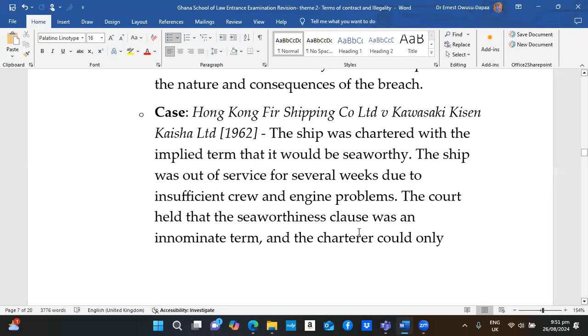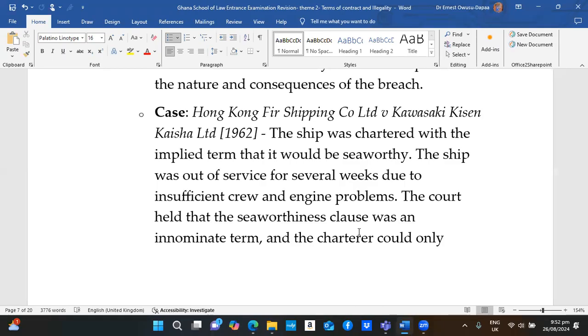So if you look at the case of Hong Kong Fir, for example, if you look at the full judgment, you notice that a charter party had been given for a long period of time, but just for a certain number of weeks, there had been a breakdown, and because of the breakdown here and there, the other party wanted to terminate the contract. Then when the matter came to court, the court looked at the breakdown of the vessel and compared it with the entire period within which the vessel is supposed to be in use.